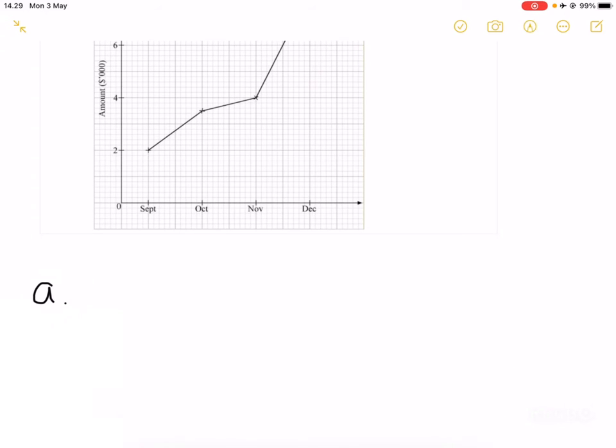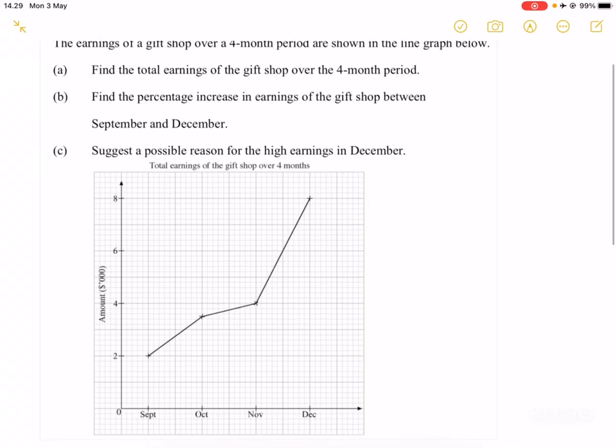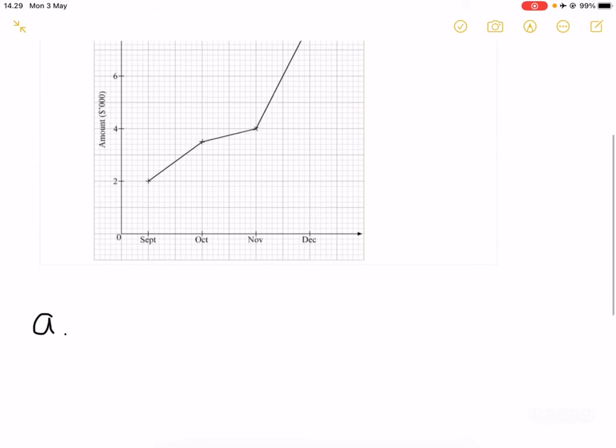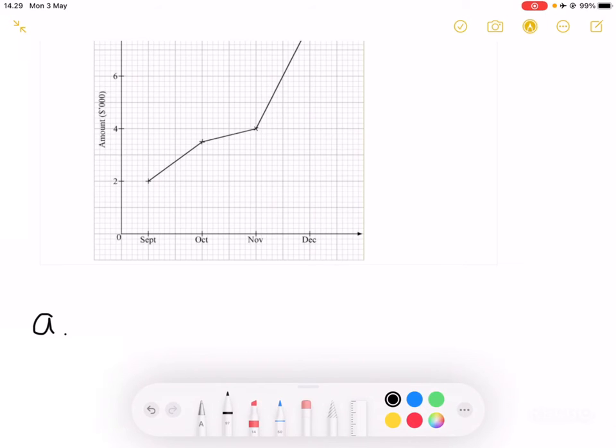Alright, for question A, find the total earnings of the gift shop. Well, we can just sum up all the frequencies here. I'll just put the dollar on the front. So we have $2,000. Now remember, the frequency here denotes every $1,000.